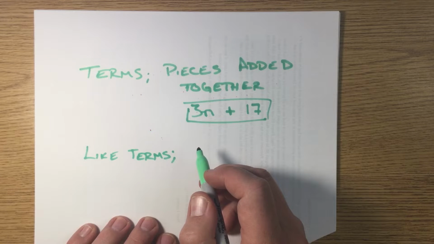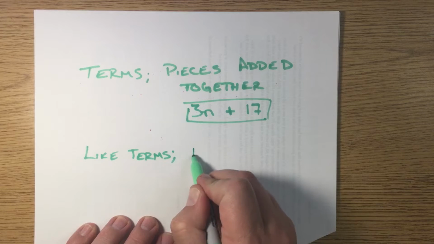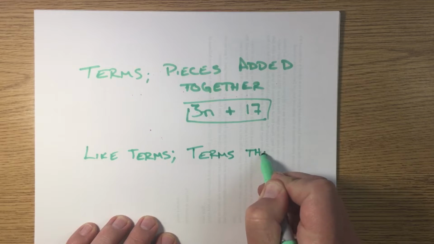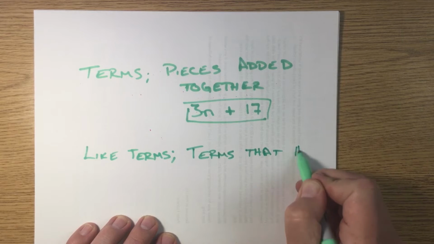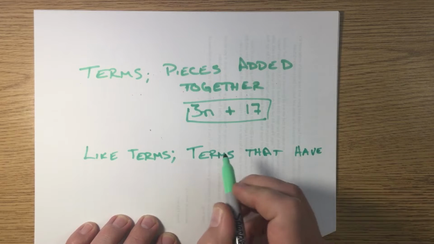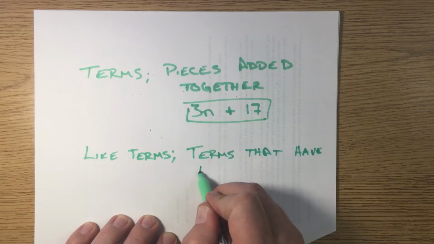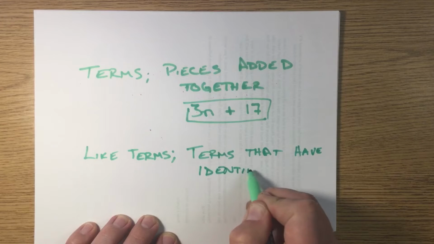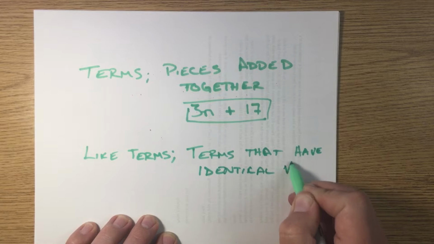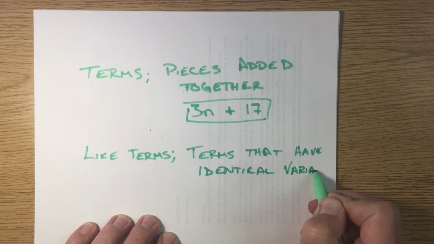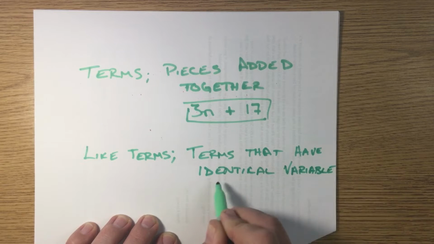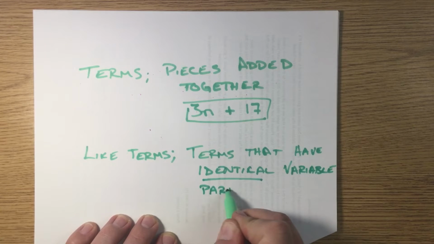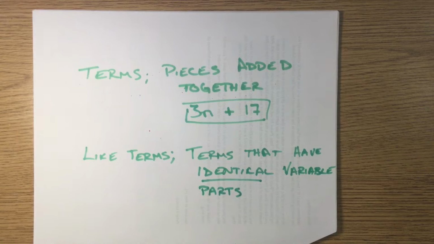Two like terms are terms that have identical variable parts.